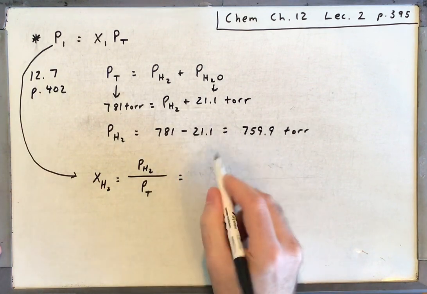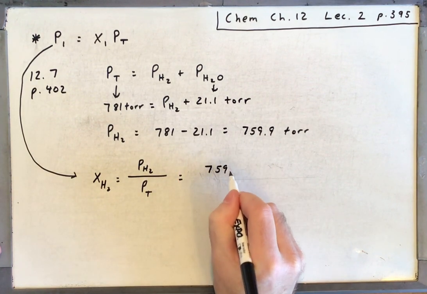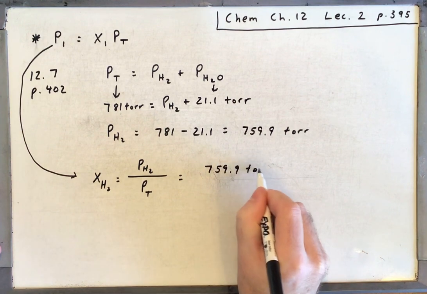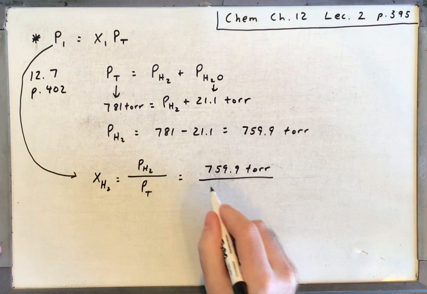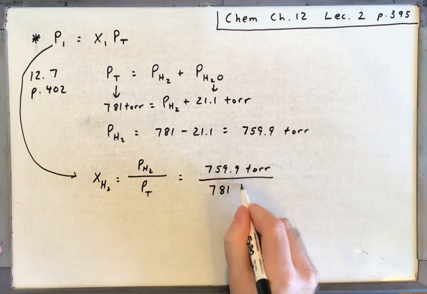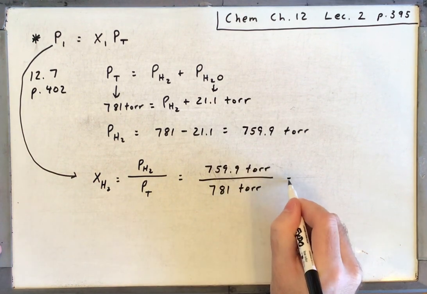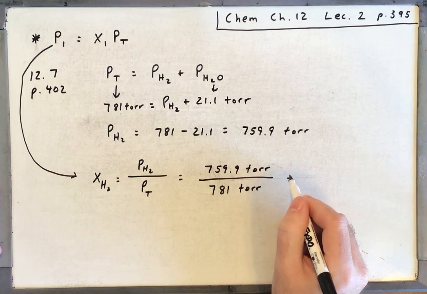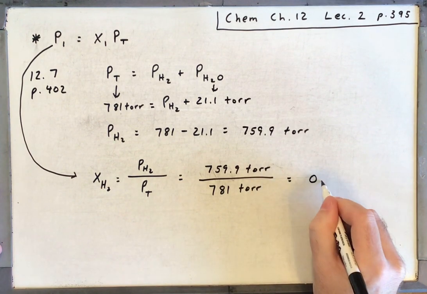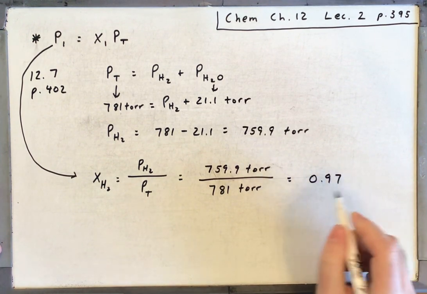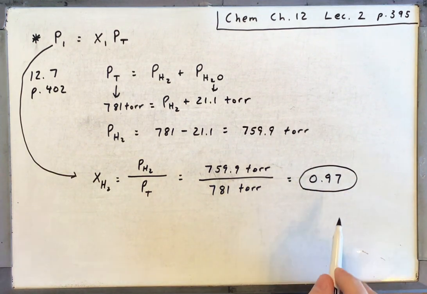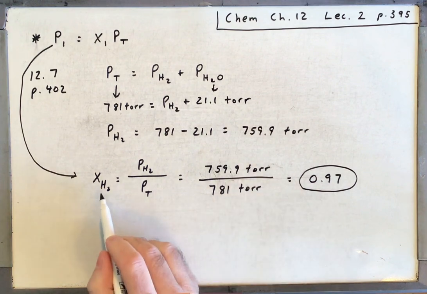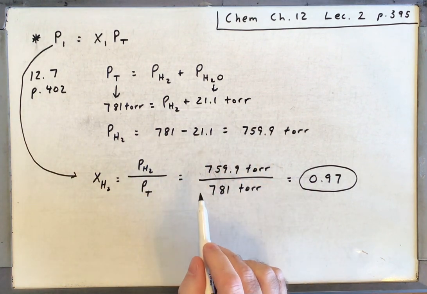The pressure of H2 we figured was 759.9. The total pressure is 781. So mole fraction doesn't have a unit, so that's going to be 0.97. That means that 97% of the gas molecules are hydrogen in this mixture.